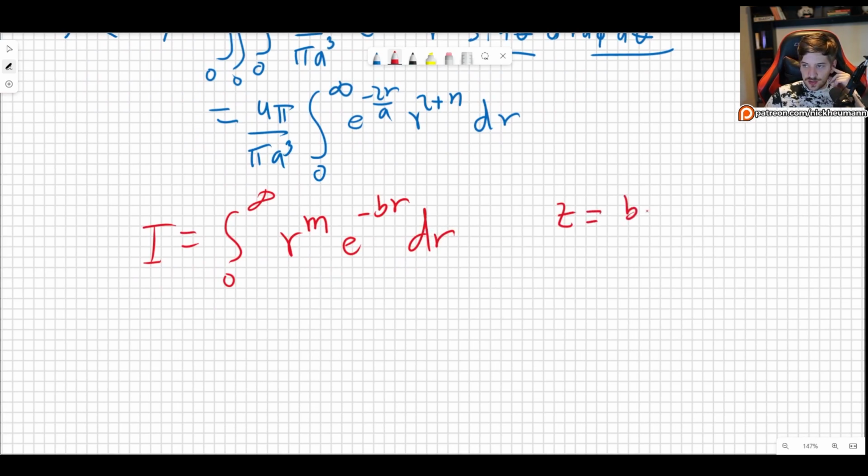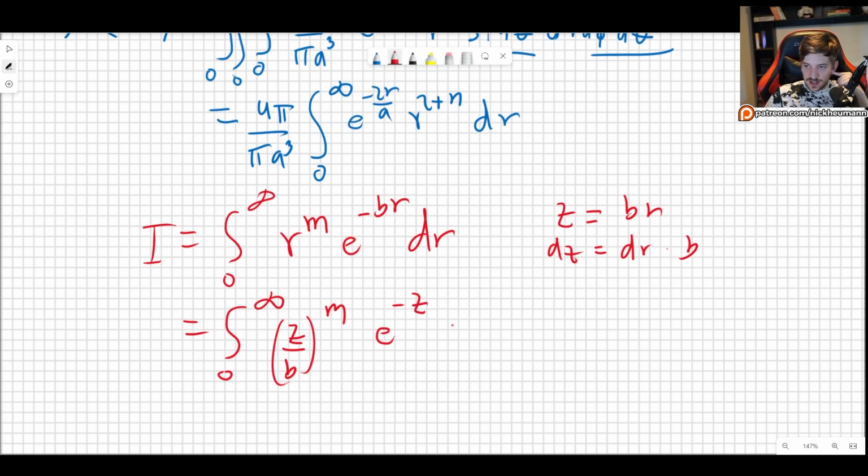You say z is going to be br, dz is going to be dr times b, and then you plug it in. So we get 0 to infinity, and instead of r, you have z over b to the m, and then e to the minus z, and instead of dr, you have dz over b.